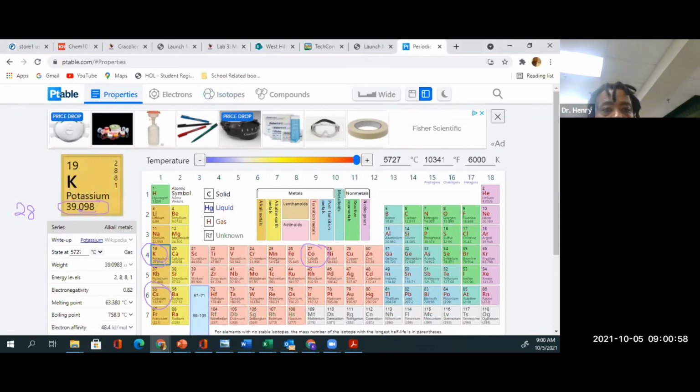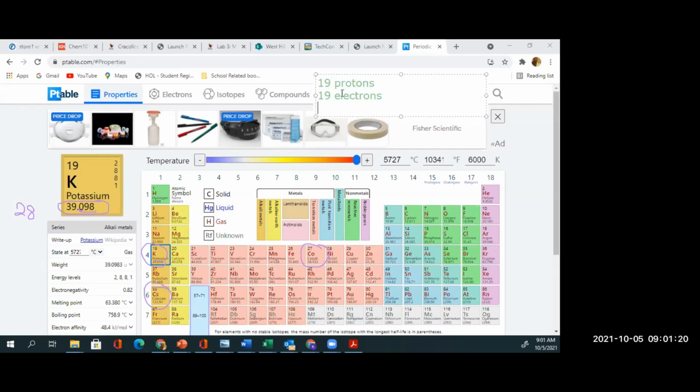Somebody said 19 protons. How many electrons? 19 electrons. And then how many neutrons? 20.